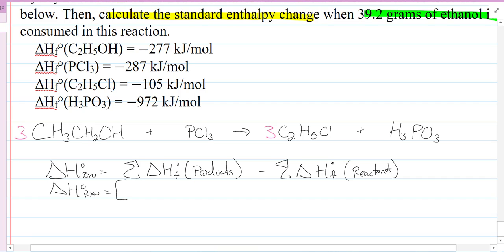Products would be 3 C2H5Cl and H3PO3. Minus reactants, I have CH3CH2OH and PCl3. And there are 3 ethanols.